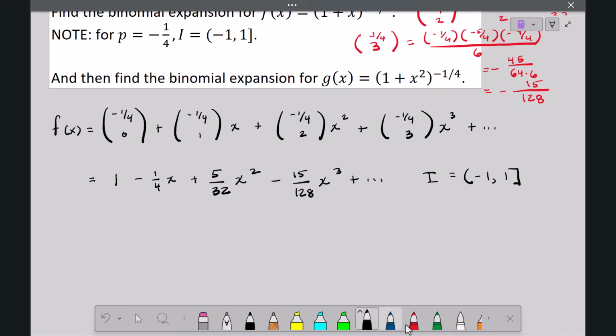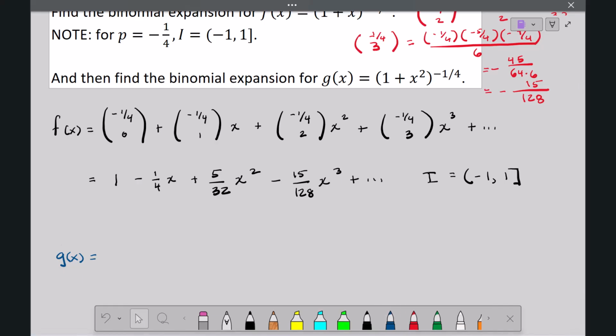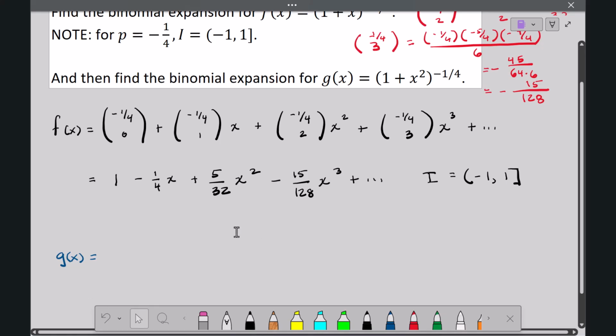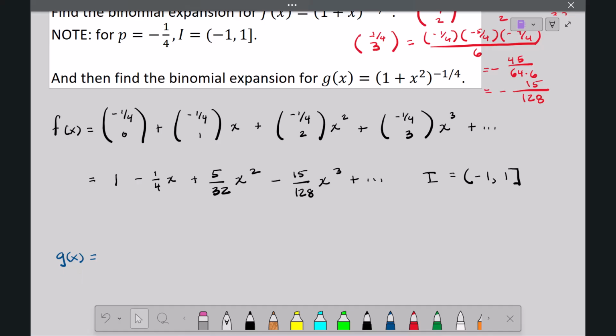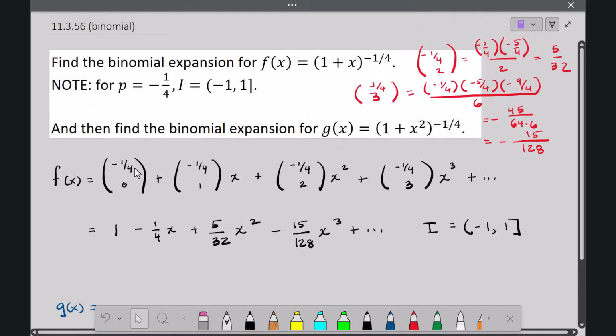So for g, the substitution of x squared in for x is all we need to do. When we look at the comparison here, we see that the only difference is that we have to change the x into an x squared.